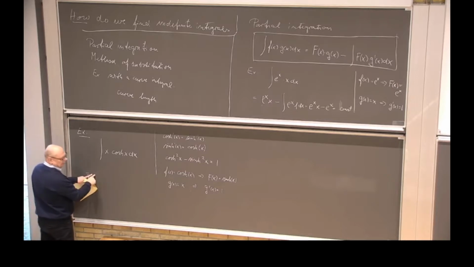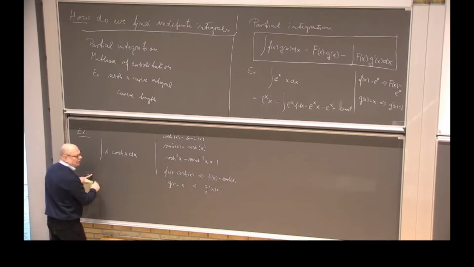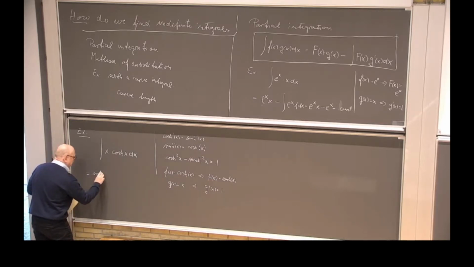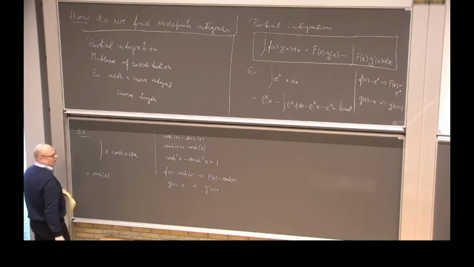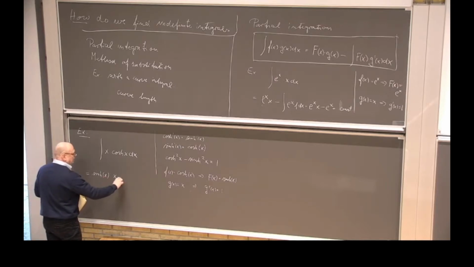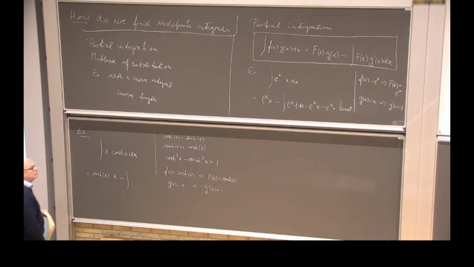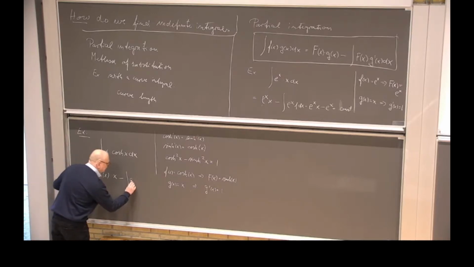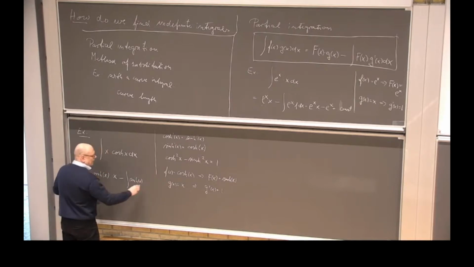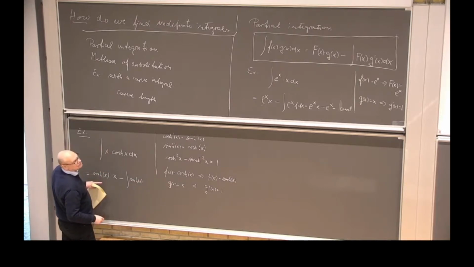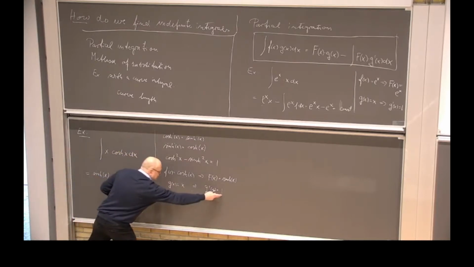I get the indefinite integral, so I write sine hyperbolic, and then I have my g of x, and then minus the integral of this function here times g prime, that is the derivative of the g function, and this is a 1.